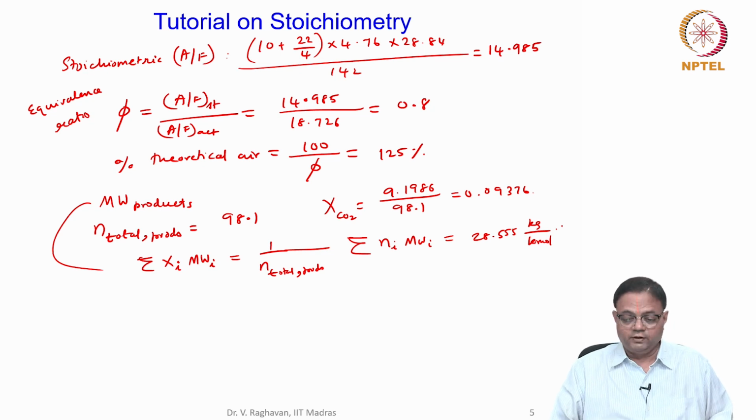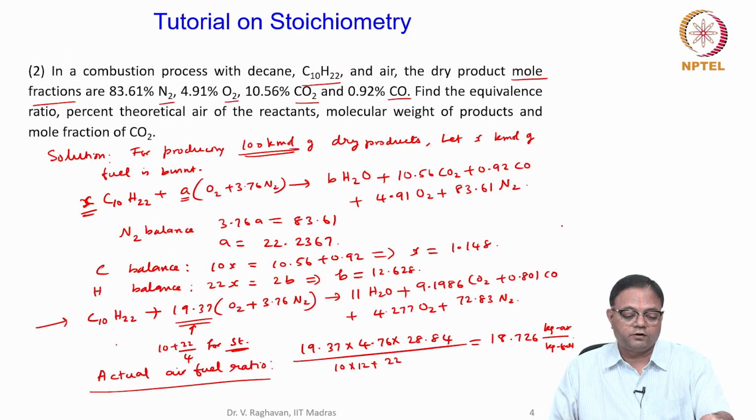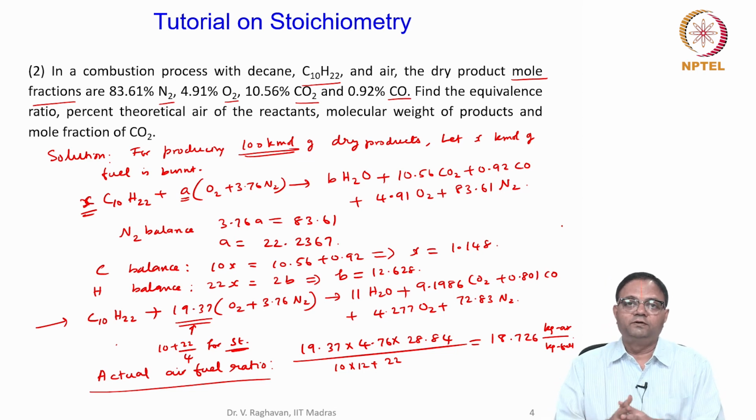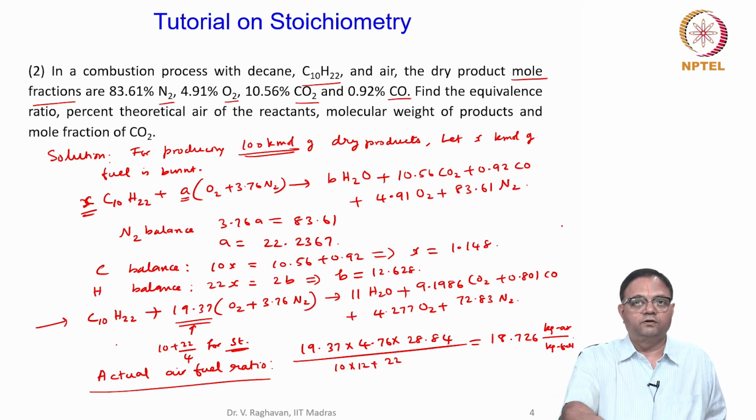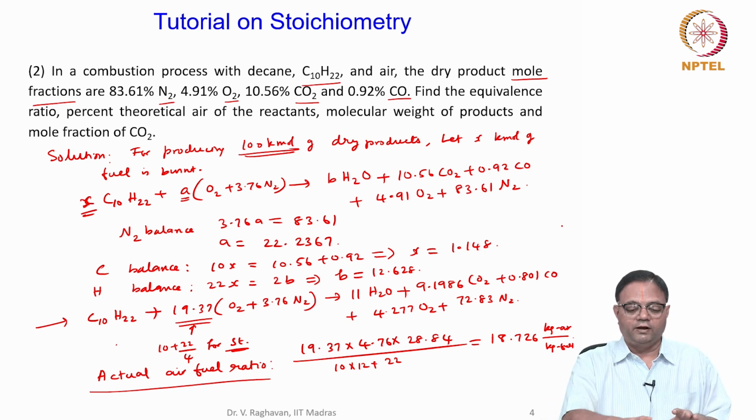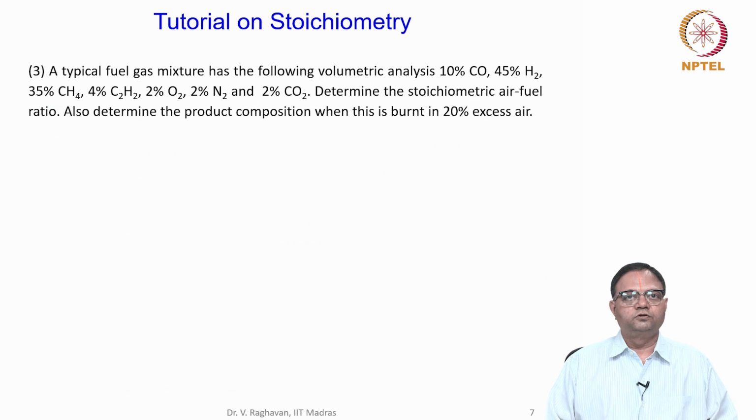So you can see that only by knowing the product information on dry basis, we can calculate how much air has been supplied and so on. Okay, here the analysis will be accurate enough to capture the species like CO2, even CO and OH, etc., so that we will get accurate values of this. So we'll move on to the third problem.